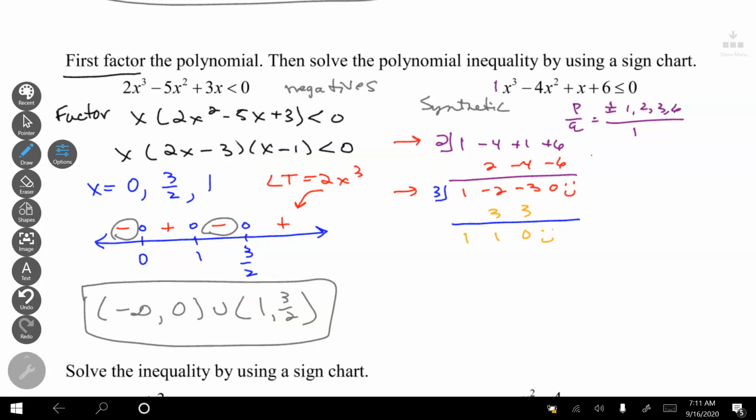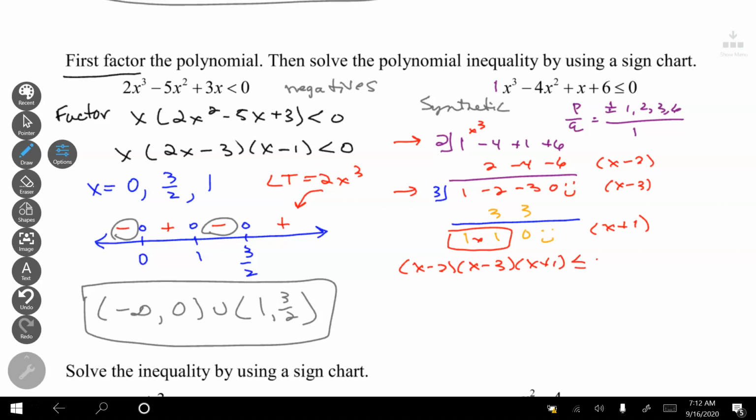So when I factor this, these numbers mean I had x minus 2, and then I had x minus 3, and at the end here, so this was x cubed, this last one is really x plus 1. So when I factor it, I have x minus 2, x minus 3, x plus 1.